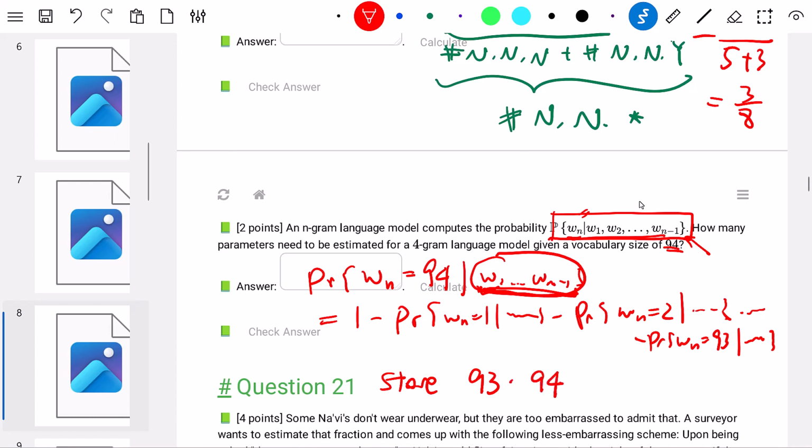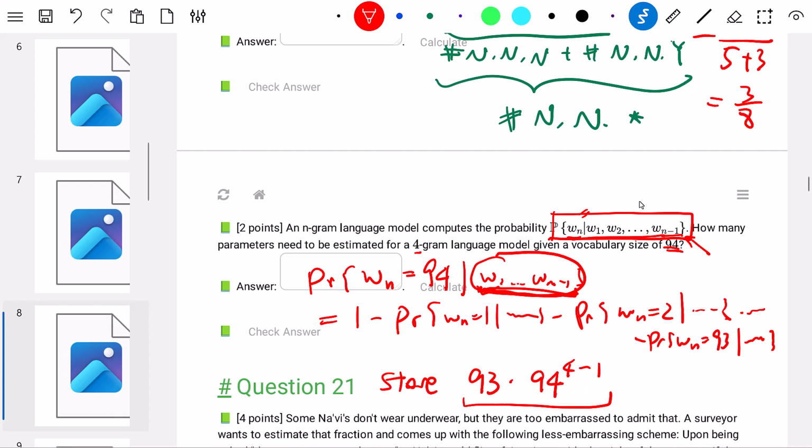I mean, not n of them, n-1 of them, because it's starting from 1 to n-1. And here we have a 4-gram, so n is 4, so it's just 4 minus 1. So that's the number of conditional probabilities we need to store in the CPT table.